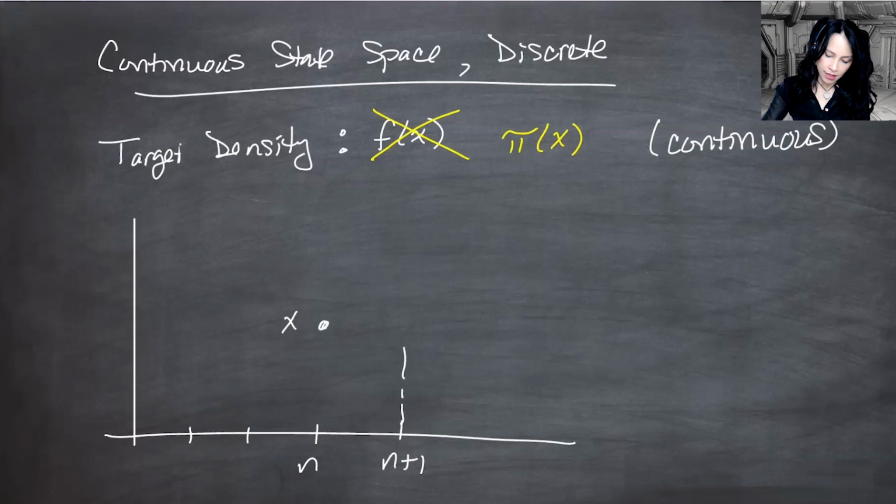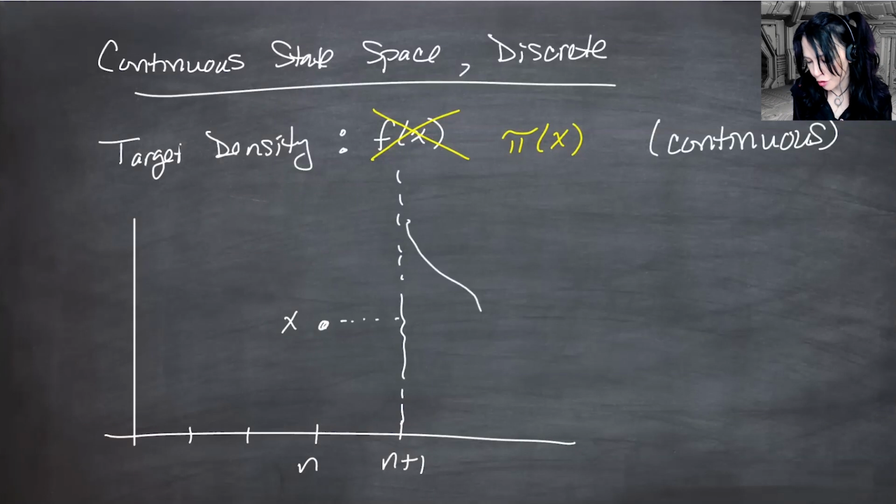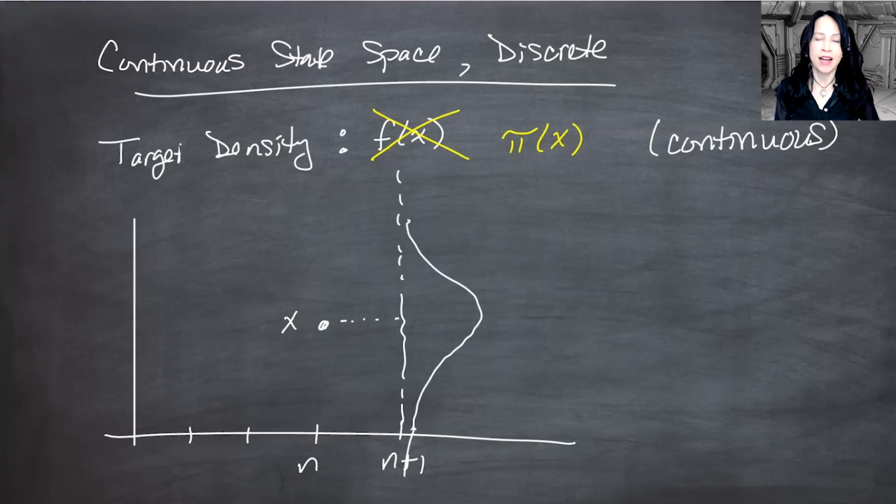For example, if you have a normal distribution centered at x, that is something that could drive the chain forward.